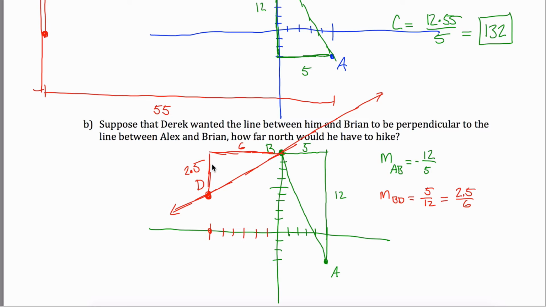So this distance right here has to be 2 1/2. And because this entire distance is 9, I do 9 minus 2 1/2 to get 6 1/2, which would be the distance that Derek would have to walk north.